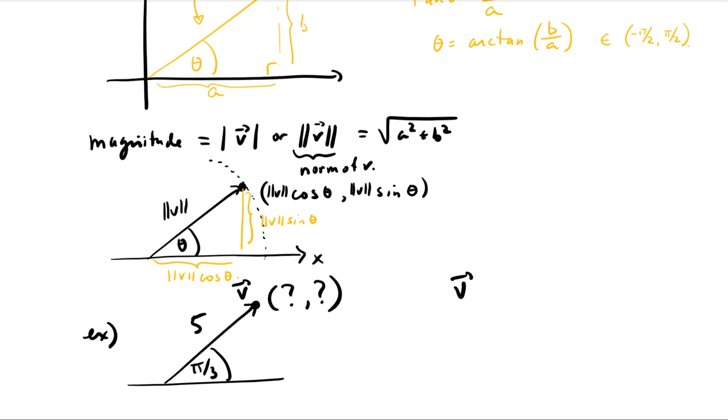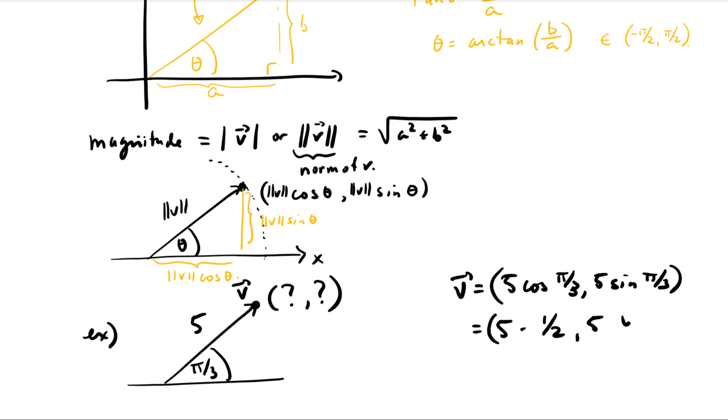So v would be the vector with coordinates 5 cos of pi over 3, 5 sine of pi over 3. I can evaluate those: 5 cos of pi over 3 is 5 times a half, and sine of pi over 3 is root 3 over 2. Those give me the coordinates.